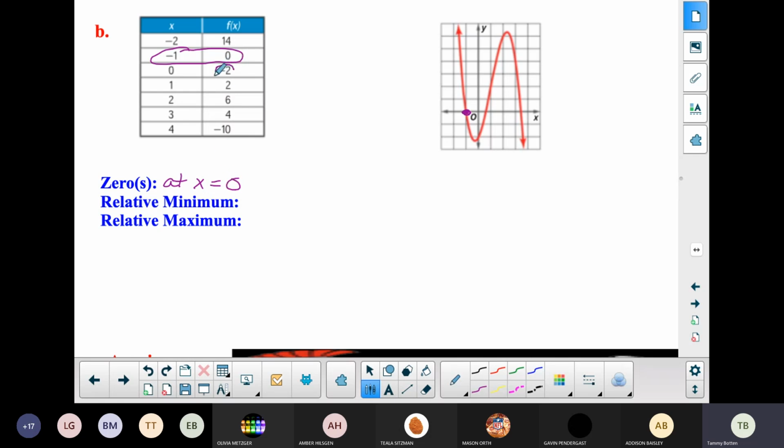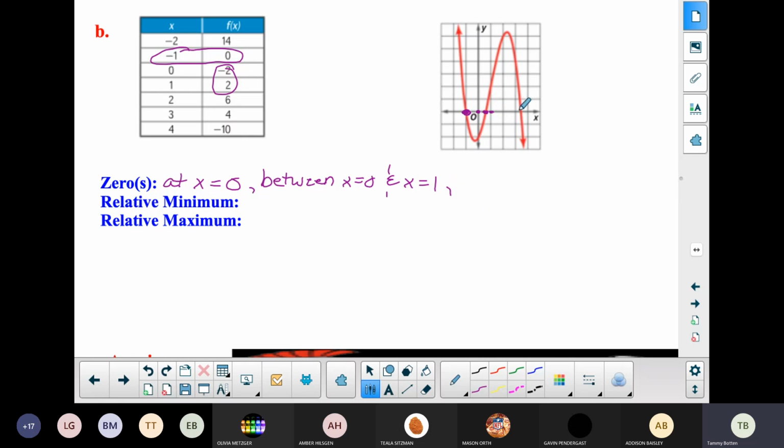Then notice these 2 points. One is negative and one is positive. So in between 0 and 1, which is right here, there is going to be a 0. And I would say that's about halfway between. So we're going to say between x equals 0, which is this point right here, and x equals 1, which is this point right there.